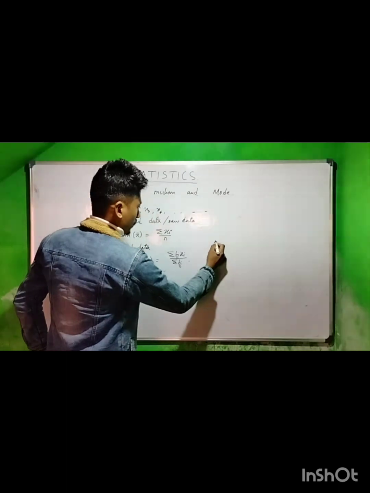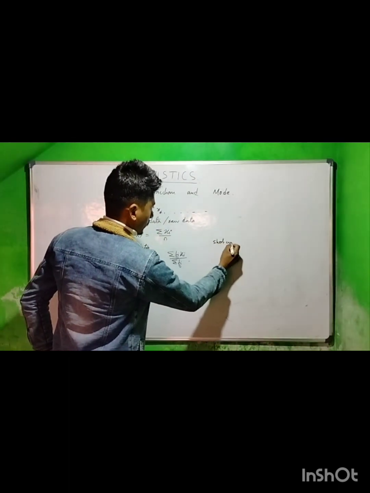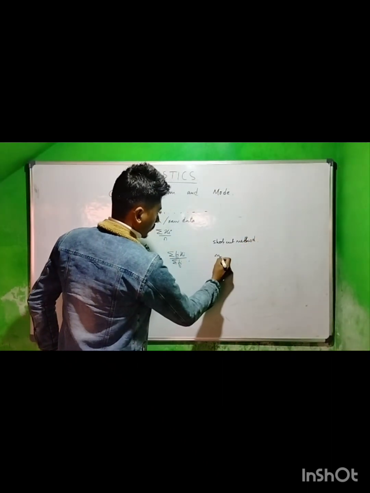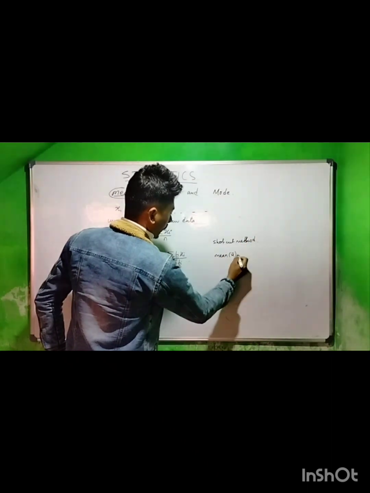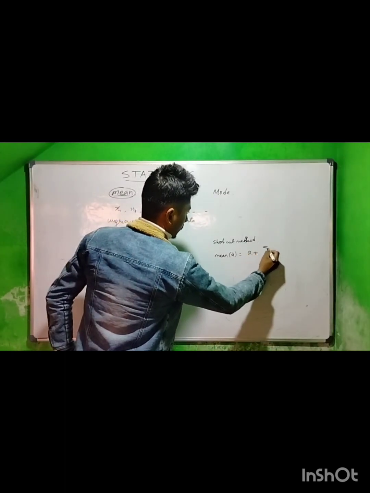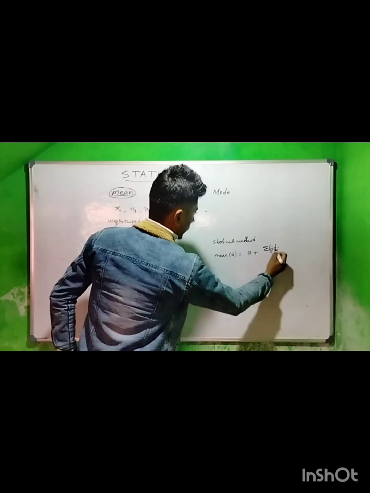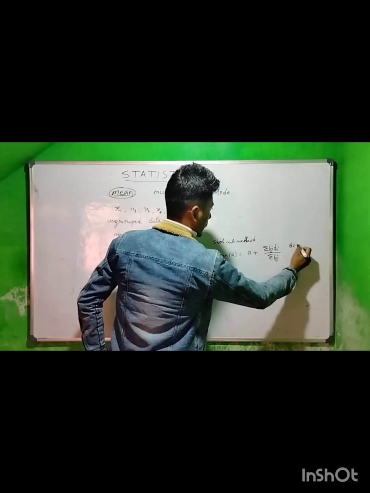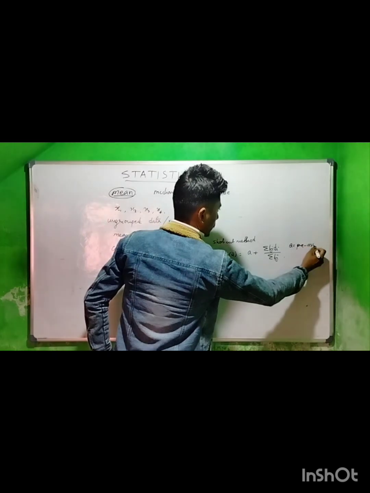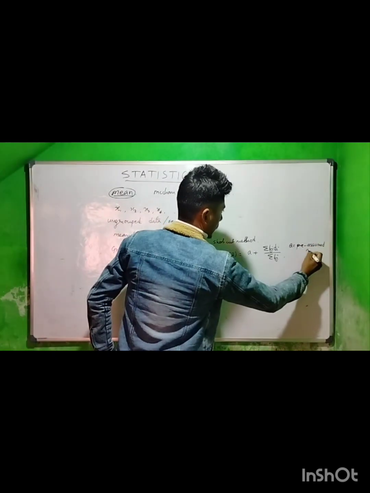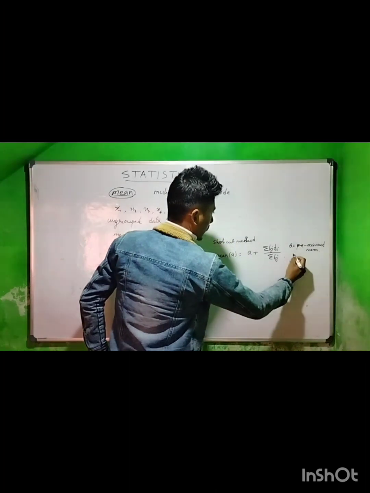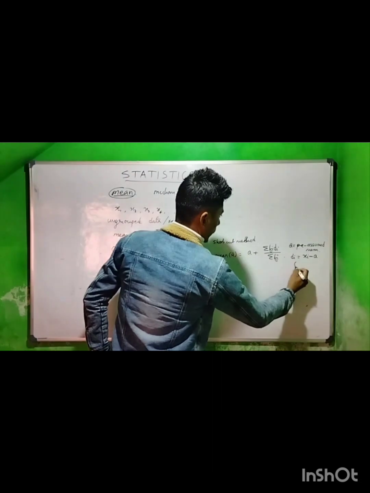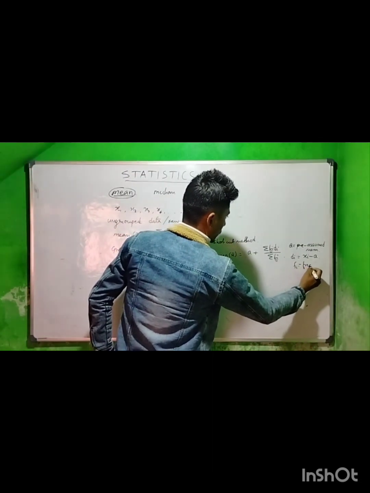The second one, which is also called the shortcut method, has the formula a plus summation of fi di over summation of fi, where a is the pre-assumed mean, di is xi minus a, and fi is the frequencies.